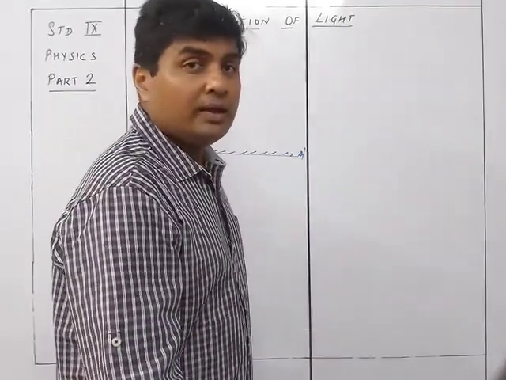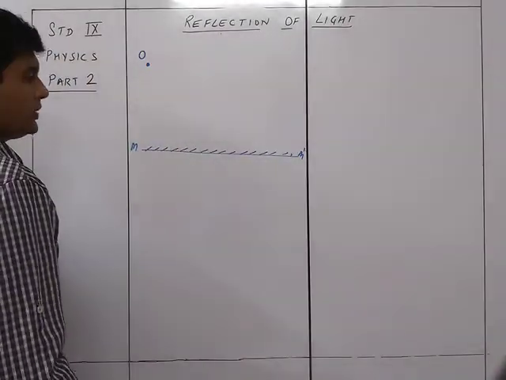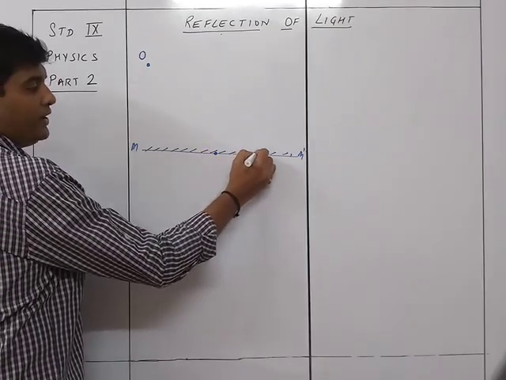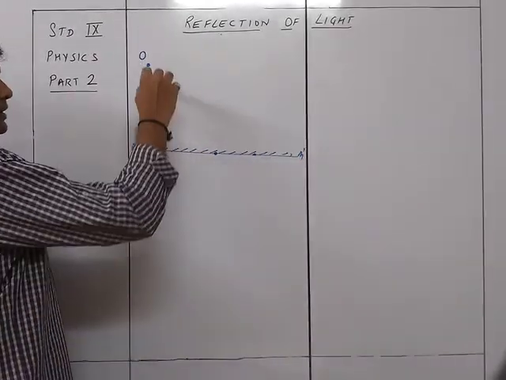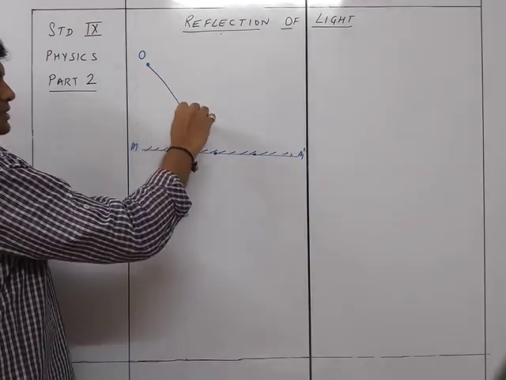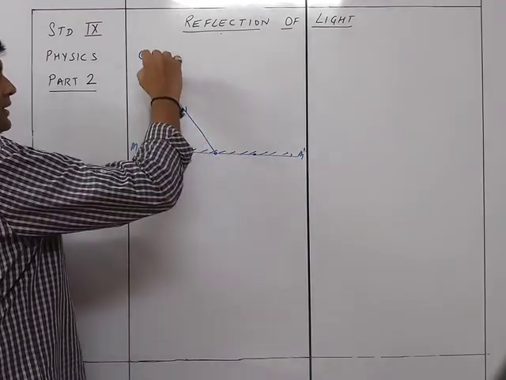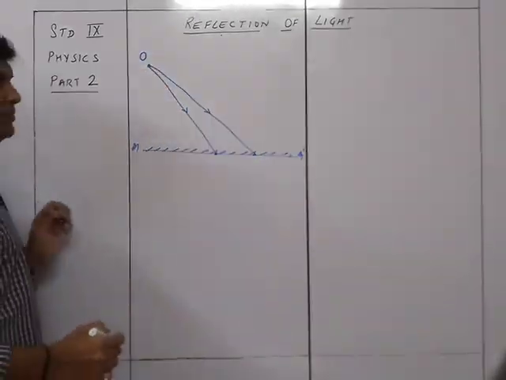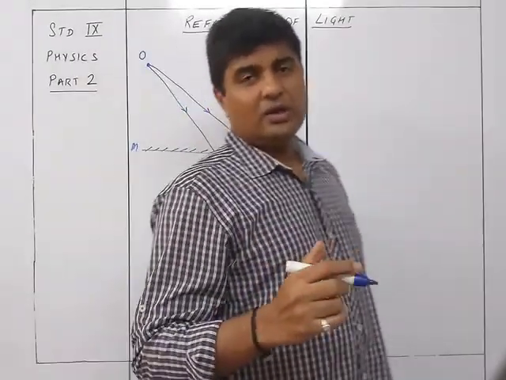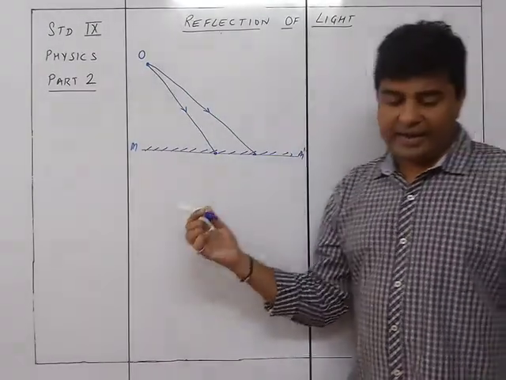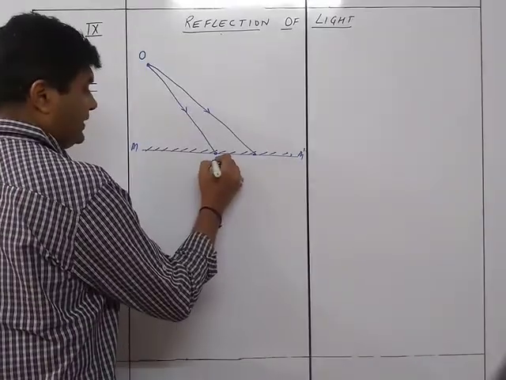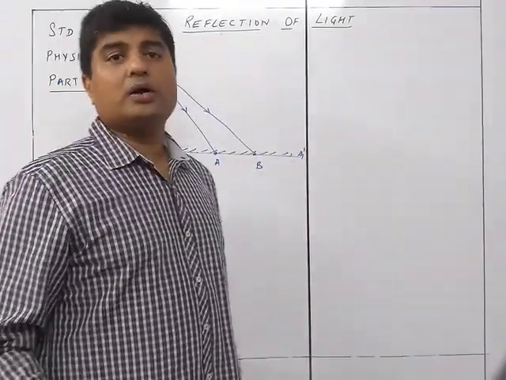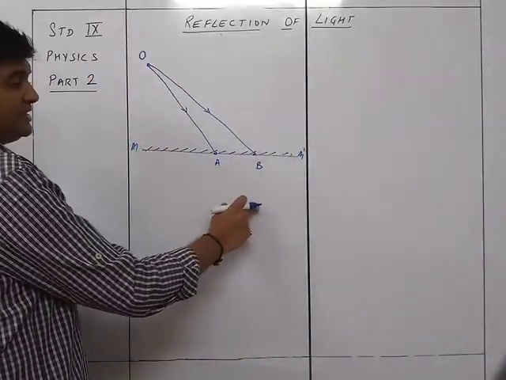The next thing we are going to do is take 2 points over here, 1 point here and 1 point here, and then draw 2 rays from the object, one like this and one like this. So from the object O you get 2 rays to point A and point B. Now we have the 2 incident rays and the 2 points of incidence.